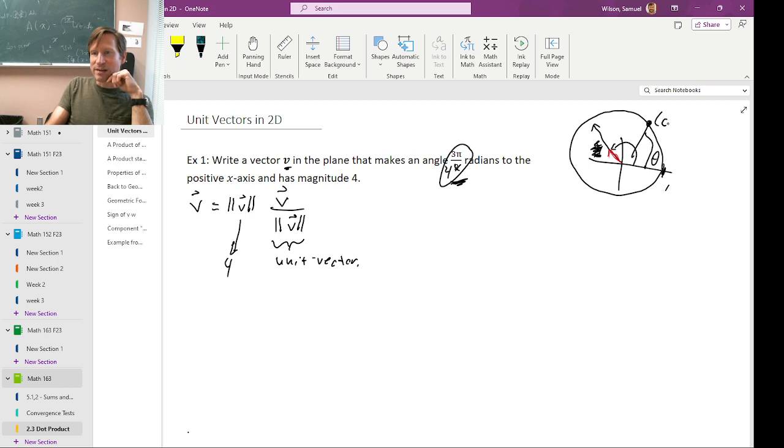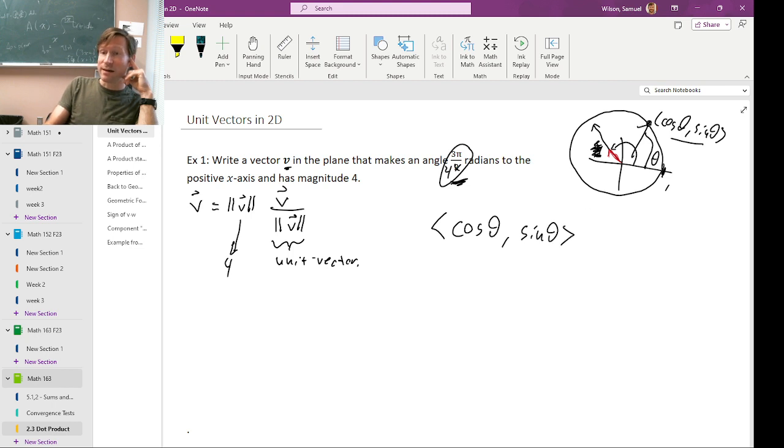So this point is the cosine of the angle, comma, the sine of the angle. So we can use that to write down a vector that points in the direction we want. Essentially we can just rewrite this as a vector instead of as a point. So we can write this vector, cosine theta, sine theta. So this points in the direction theta. We're going to plug in theta equals 3 pi over 4 in a second.